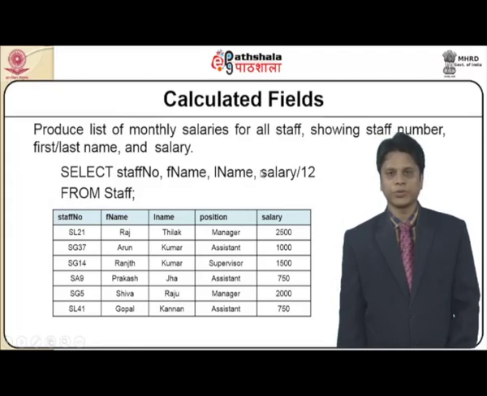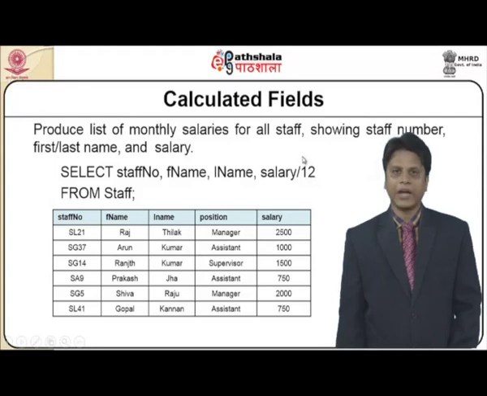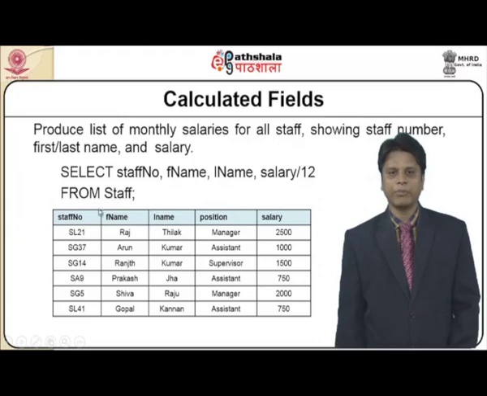So you insert a position here, and not just the salary as mentioned in the reference table, but I wanted the salary for every month. So salary divided by 12. Whatever salary we had earlier should be divided by 12 from the staff table, which gives you this value. So this will give you a value of salary overall and another column of salary monthly projected.